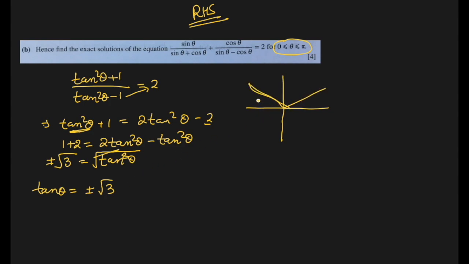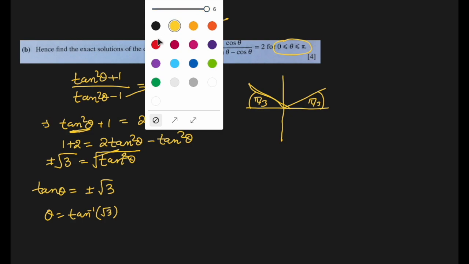So these two are the ones which will give us the answer, and theta is tan inverse square root 3. This will give us the acute angle. Use your calculator, you will get that it is pi over 3, 60 degrees. So write pi over 3 on both sides, and finally you will have your answer.